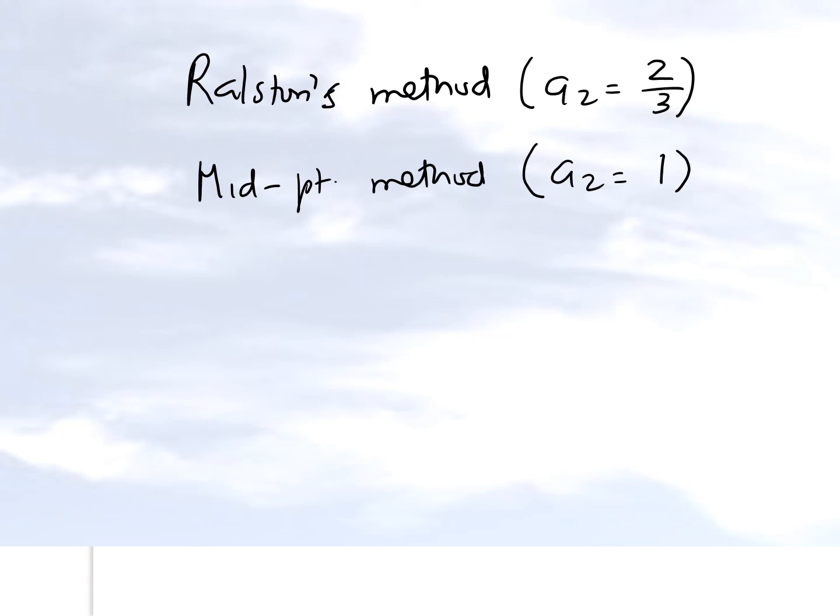And based on that, whatever resulting formulas you get, they look very similar to what we did for Heun's method, but they are simply functions being calculated at different points, with different weights being given to the slopes. And that is the end of this segment.